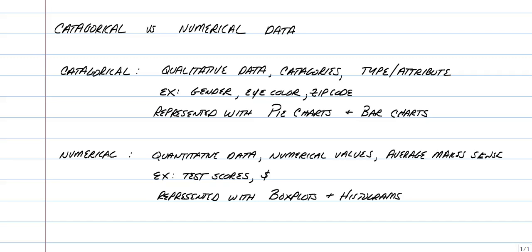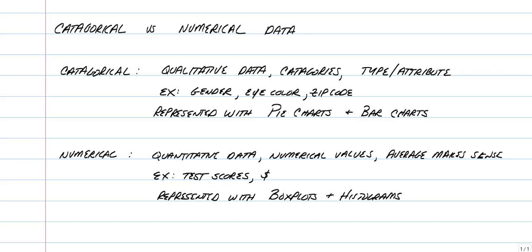Examples would be just like we just did, gender, eye color. Even something like zip code, you might think it's numerical, but a zip code really is a shortcut for telling you which town you live in. Or anything else that just describes someone or something, but isn't really numerical.